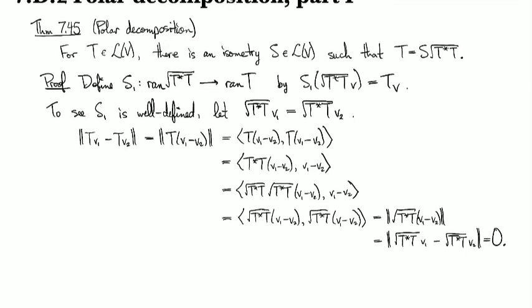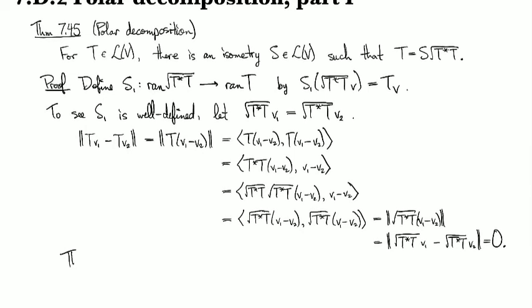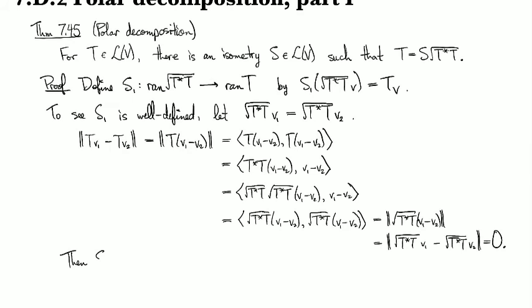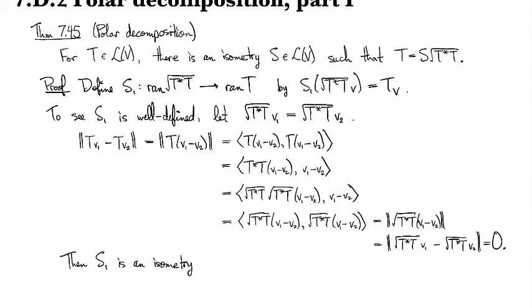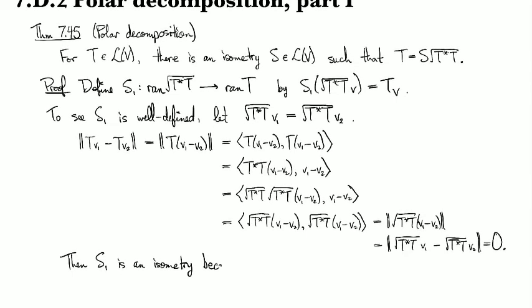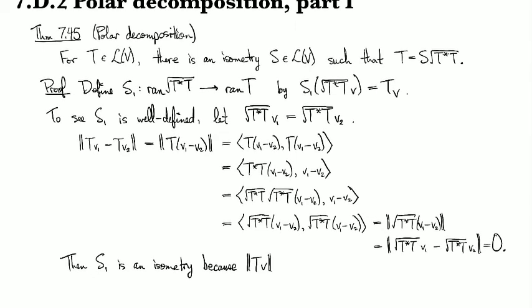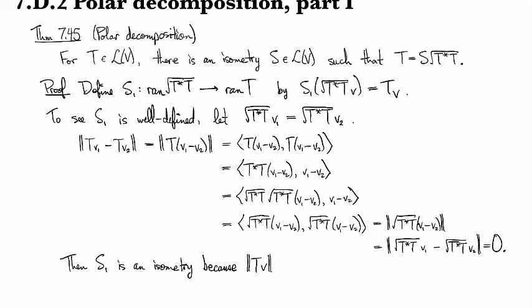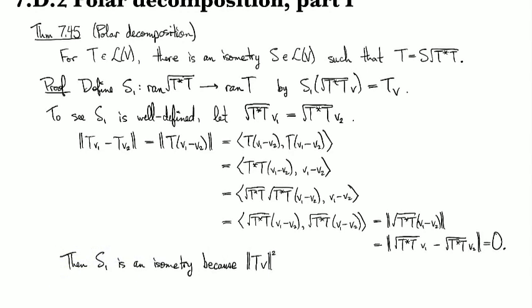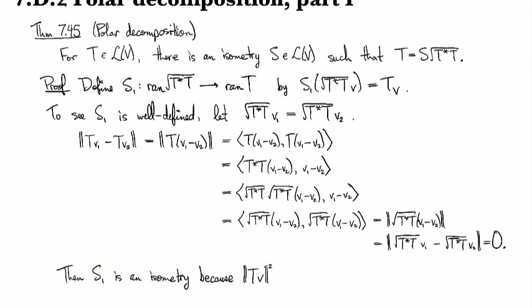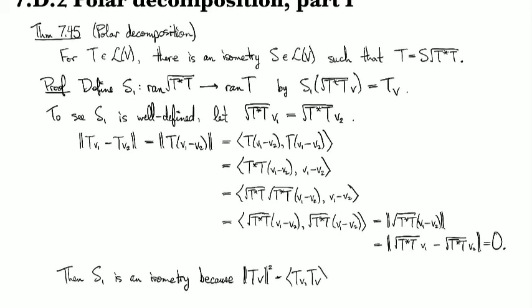Okay, so let's see. This is an isometry because if we look at the magnitude of what we get when we're done, maybe give myself a little more space there, this is going to be, and so we're back to inner products. So this is the inner product of TV against TV.